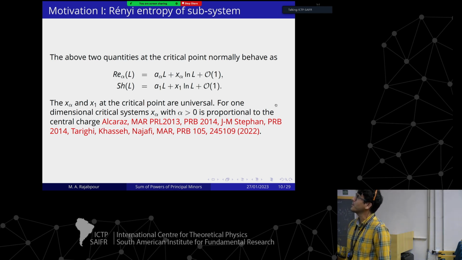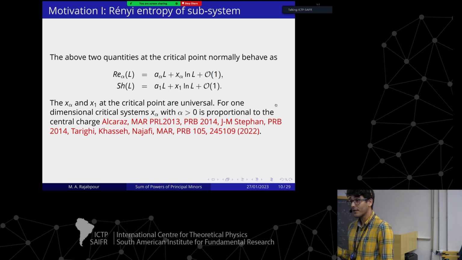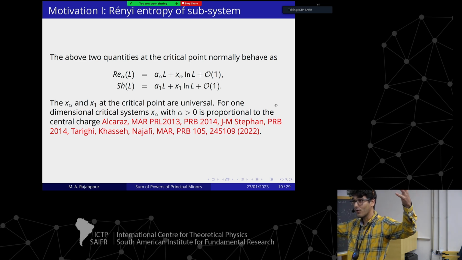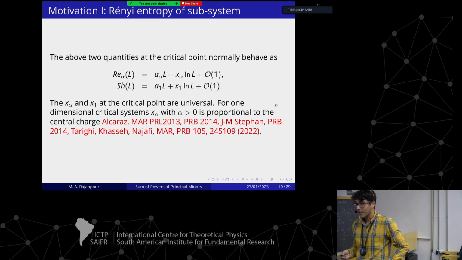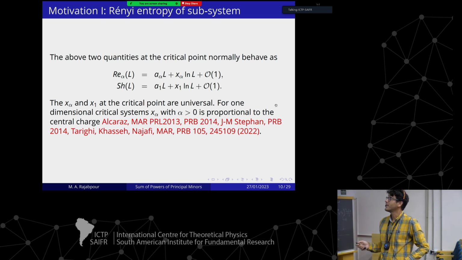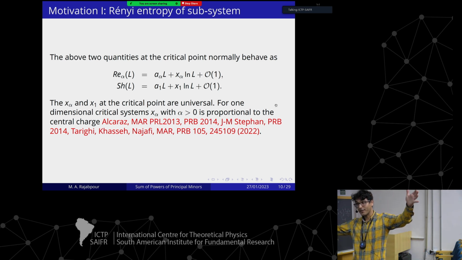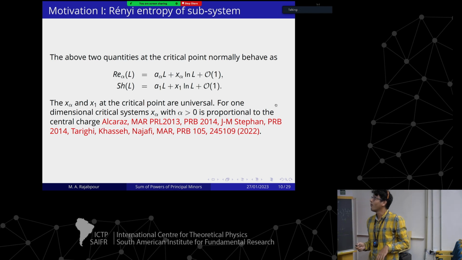This is for the critical ground states. If you look at the local quantities, you see long-range correlations, and in the case of entanglement, we have the logarithmically growing entanglement.